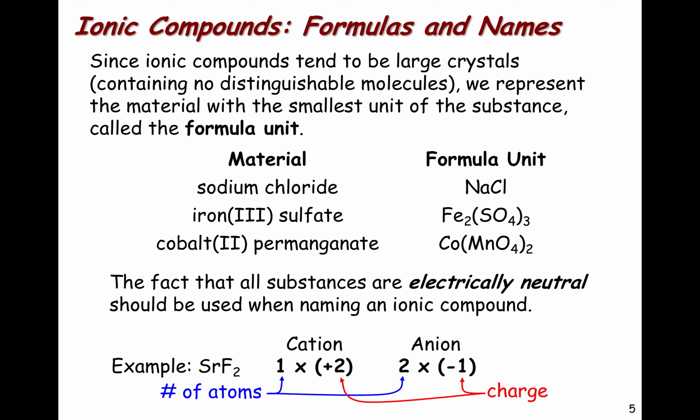So the cation strontium is 2+, whereas the fluoride is -1. We would end up then having 2 positive charges and 2 negative charges as a result of that. And we add that together, and of course you end up with a net charge of 0.